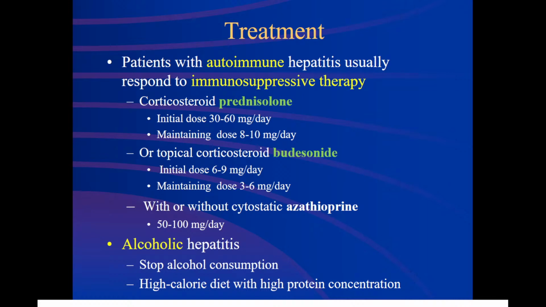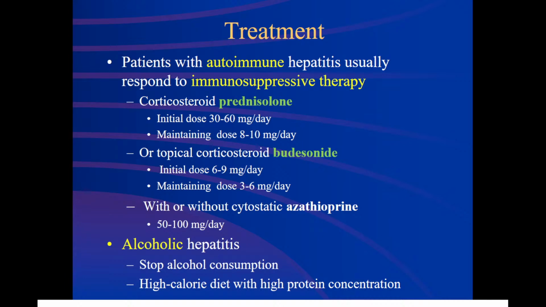Now, treatment. If you know the etiology or pathogenesis of hepatitis, you have to use different groups of drugs. For example, if it is autoimmune hepatitis, you have to use immunosuppressive therapy: corticosteroid prednisolone, or cytostatic azathioprine.